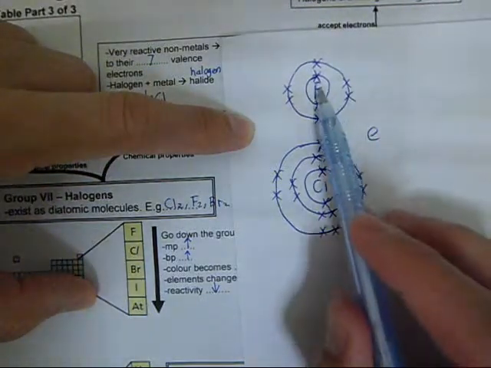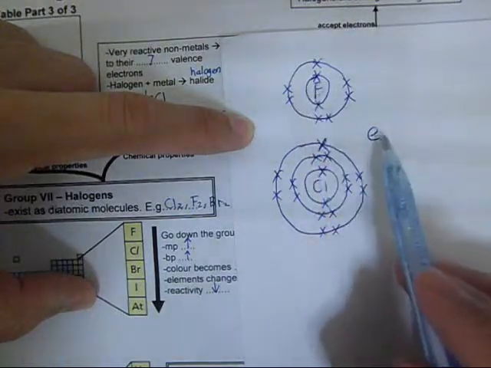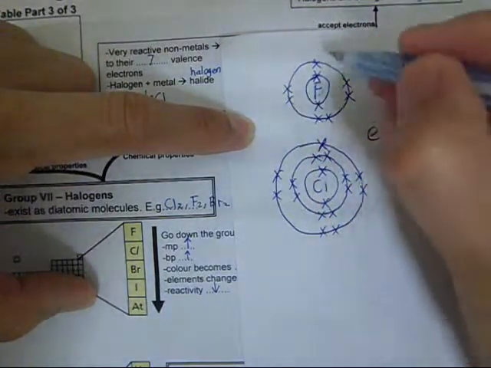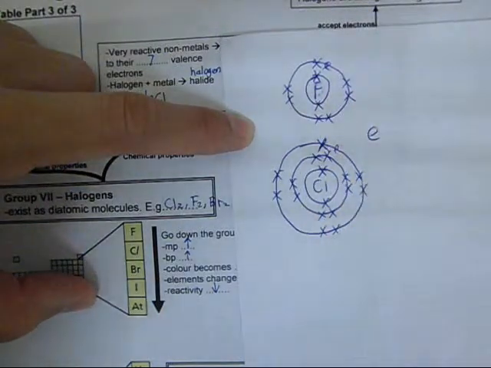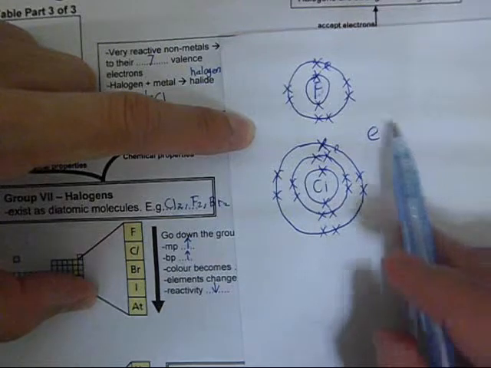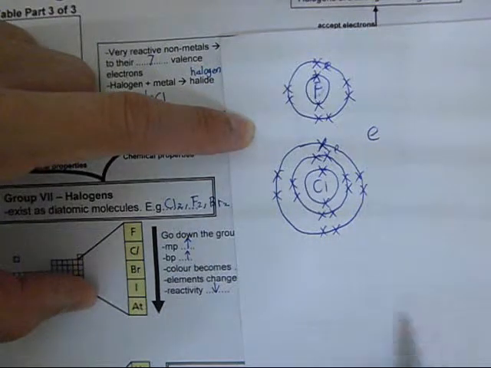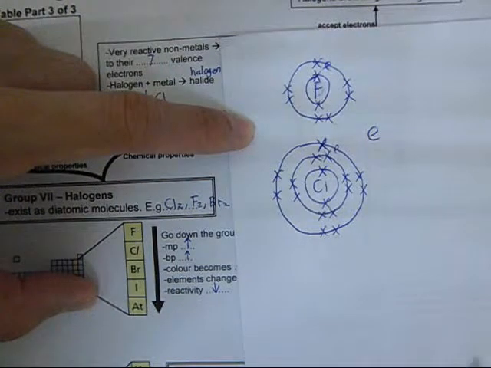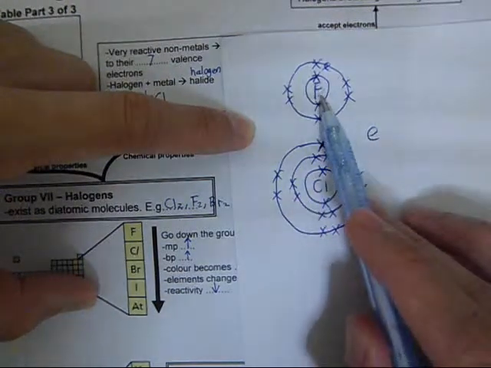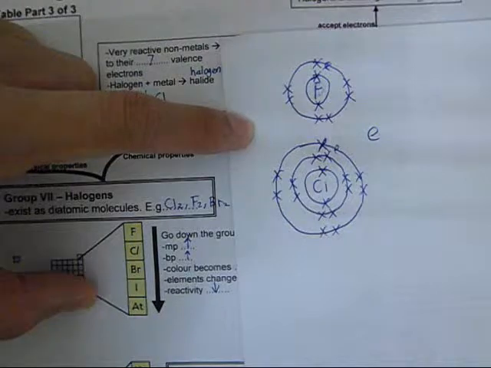So it is easier for fluorine to attract this valence electron and then put it here, as compared to chlorine to accept this electron and put it here, because of the sheer distance from the nucleus. Okay, so meaning that your fluorine would be more reactive than chlorine.